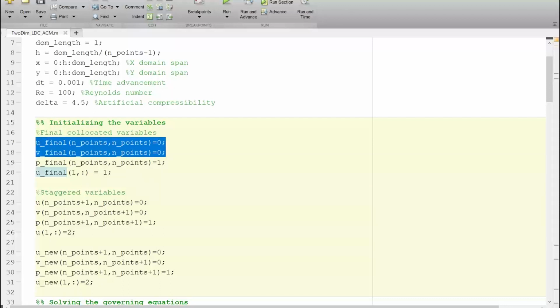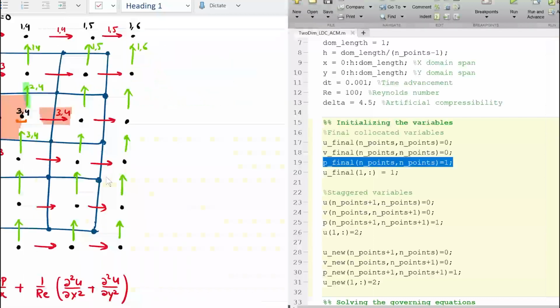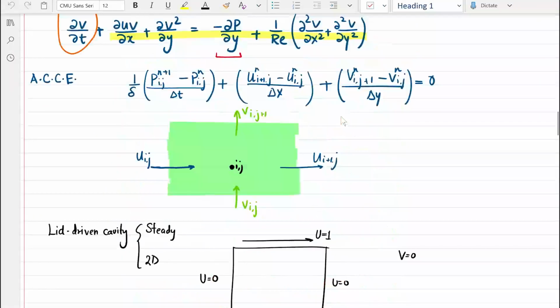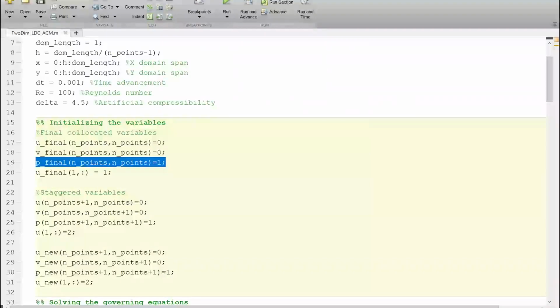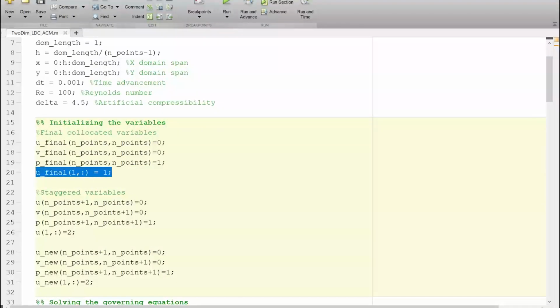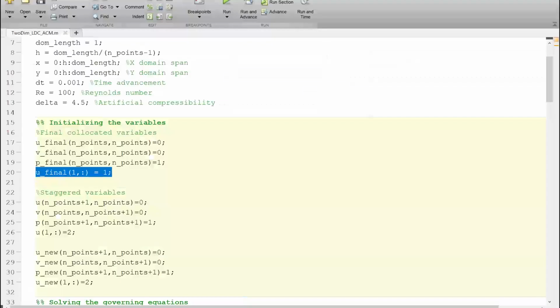Same for v, and I'm defining a pressure of 1. Because the boundary condition for lid driven cavity flow is that the top wall has a velocity of 1, the u final on the first row, and remember that if there is something horizontal, that's the first row, is equal to 1.